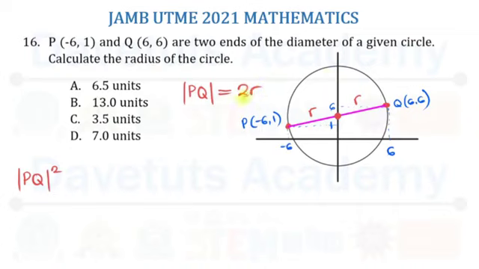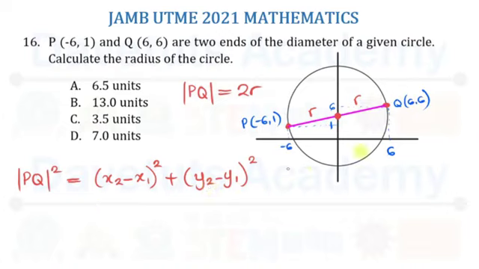So you can say PQ raised to power 2 is actually equal to, this is how we find it, the difference between the x coordinate plus the difference between the y coordinate. But you need to maintain your consistency. You cannot say x2 minus x1, then say y1 minus y2. That should be x2 minus x1, y2 minus y1. Or you can say x1 minus x2, then y1 minus y2.